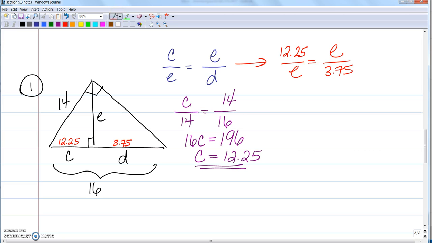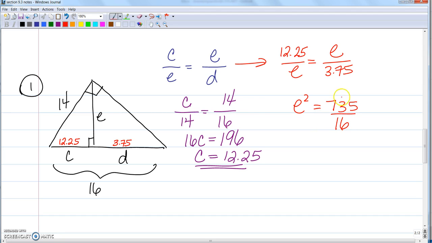So I will explain the algebra behind it later, but I can get that E squared is equal to 735 over 16. Again, I can explain the algebra behind that later if you need to.